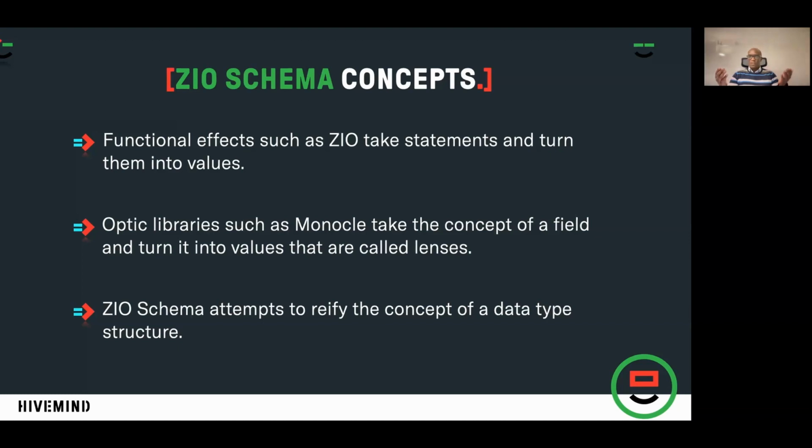We see this, for instance, in functional effect libraries such as ZIO that take statements and turn them into values. Optic libraries such as Monocle take the concept of a field inside a case class, for instance, and turn it into what's called lenses. Schema attempts to reify the concept of a data type structure.